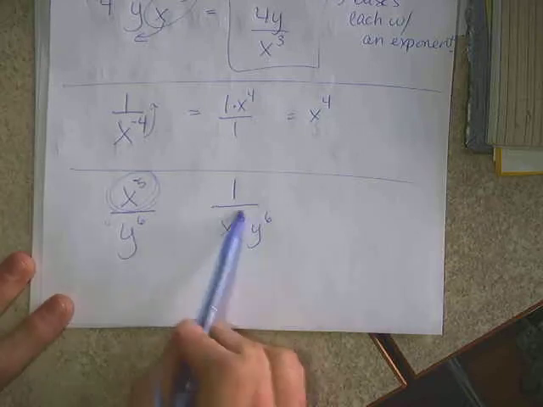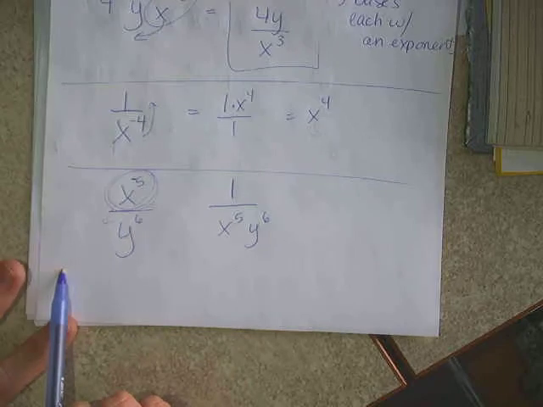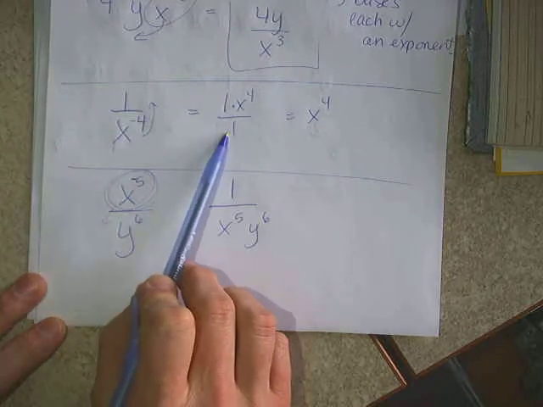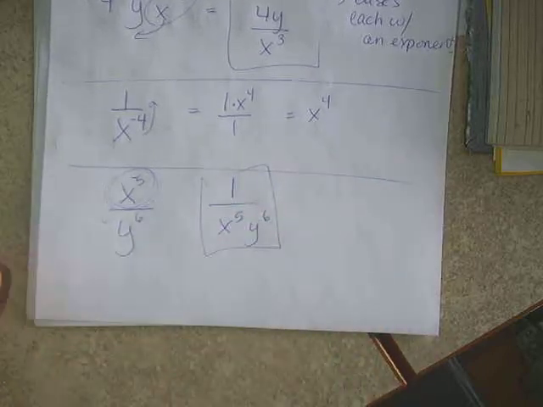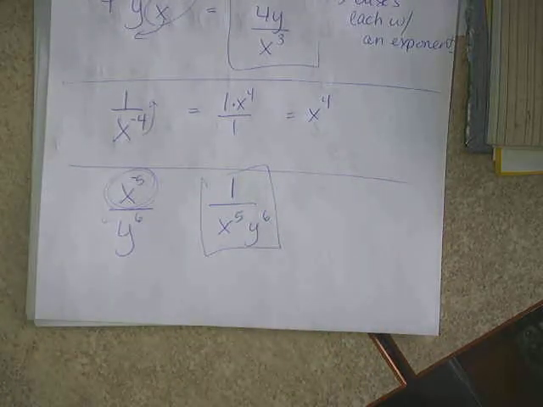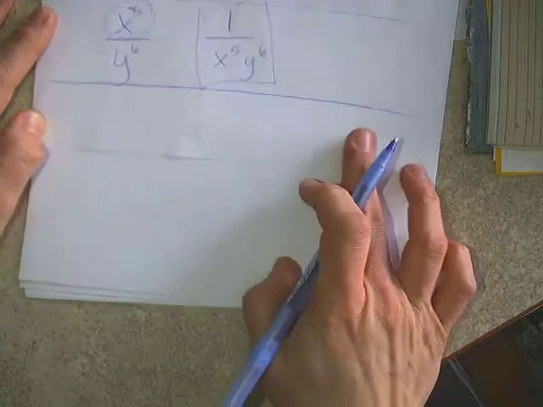If I take that 1 away, that wouldn't mean the same thing, right? Because 1/3 is not the same as 3. You have to have the 1 on top if you remove everything that was on top. You don't need the 1 on the bottom, however. So this would be simplified.